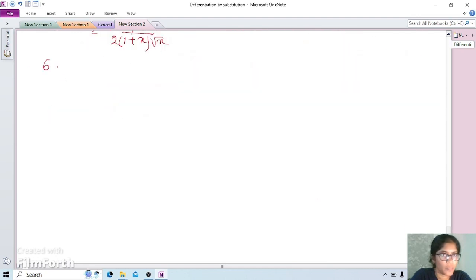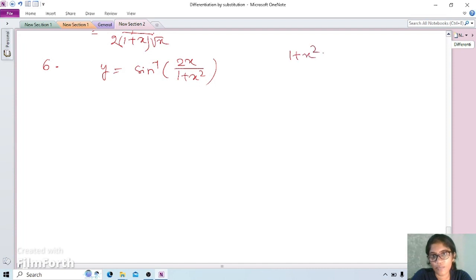Okay, that implies tan theta is equal to x by a, so theta is equal to tan inverse x by a. Here, putting a square plus x square, that means x equal to a tan theta, x square means a square tan square theta.